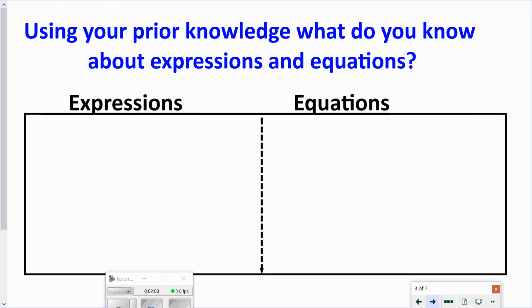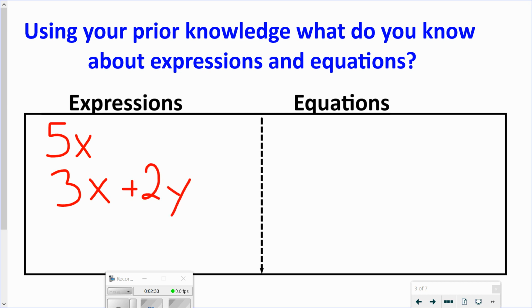Okay. So here we're going to use prior knowledge to see what we know about expressions and equations. Well, an expression can be a group of numbers and or variables together. So for example, I can have 5x. That's an expression with one term. We could have 3x plus 2y. That's an expression with two terms.